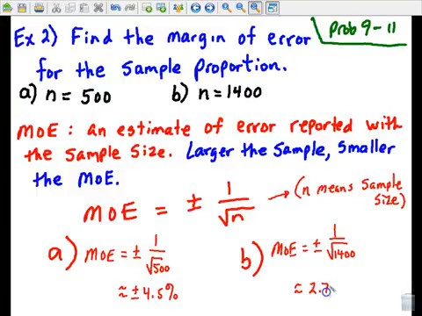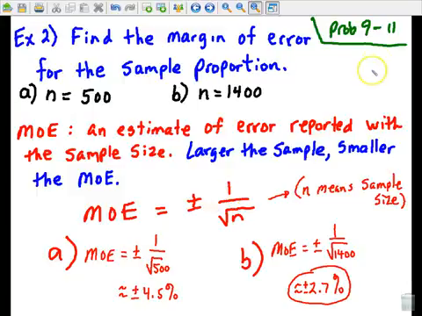Rounded to the nearest tenth, this should be about 2.7% plus minus. So the more people we ask, the smaller the range of margin of error becomes. If we ask fewer people, that's going to include a higher margin of error, a little less reliable as far as the results that we can conclude.